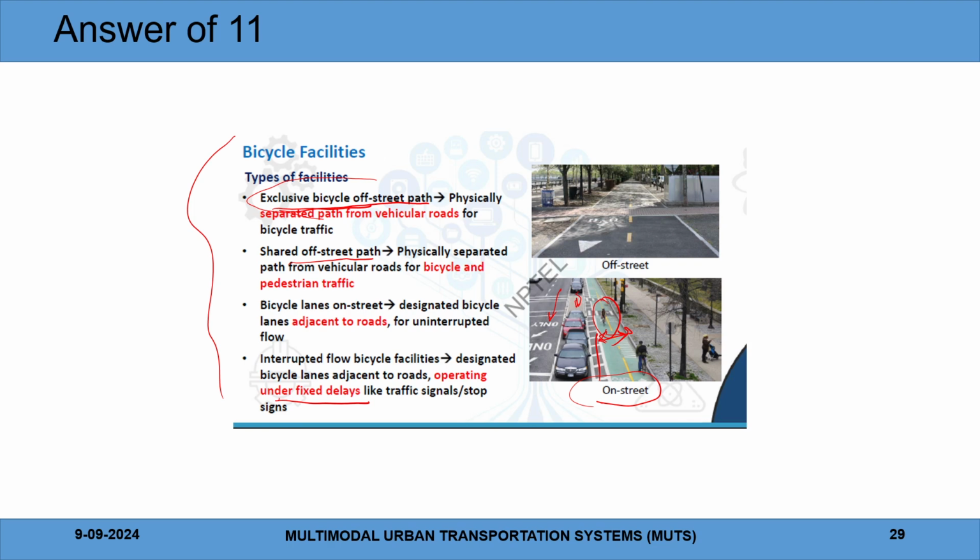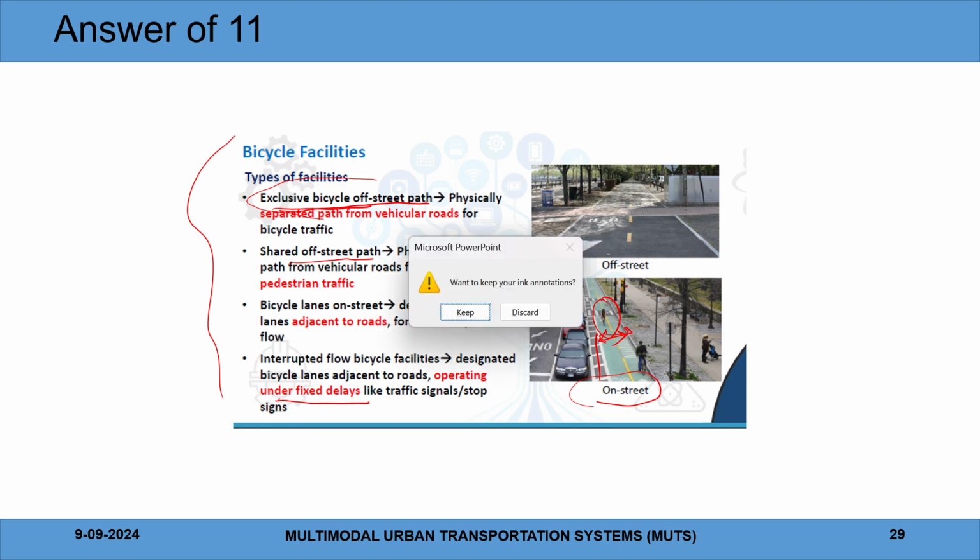If more and more people are encouraged to use non-motorized transport, bicycle or walking, and if good walking facilities can be given, then people might want to walk up to 500 meters or 1 kilometer, and eventually they will try to use public transportation. In some cases, these analyses are also conducted before developing a particular metro station.